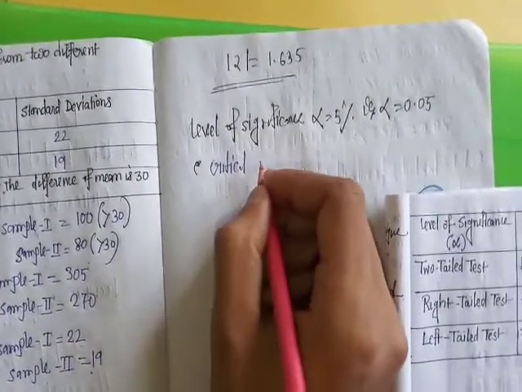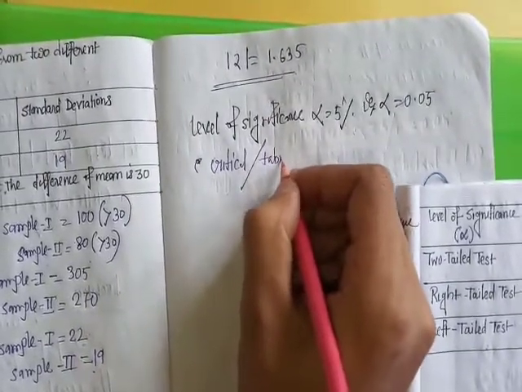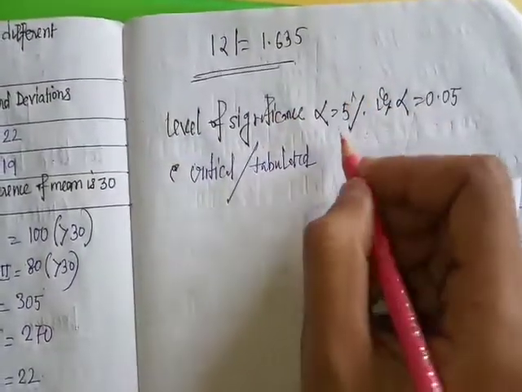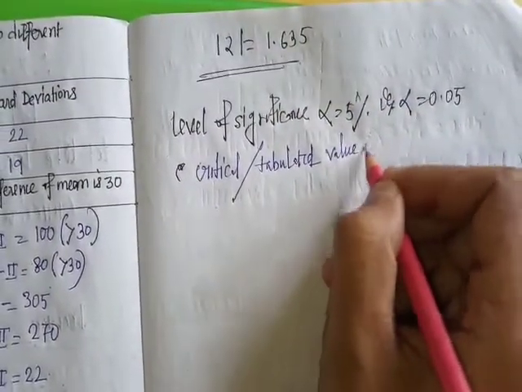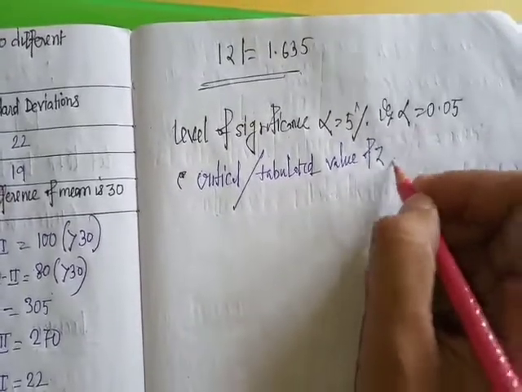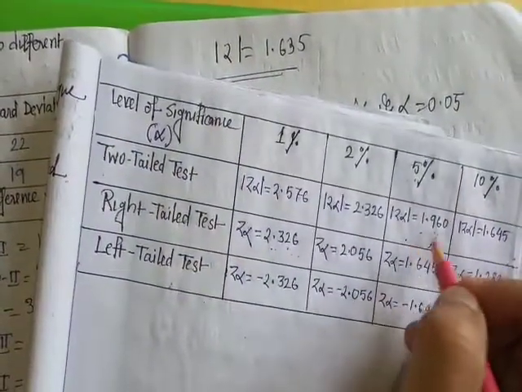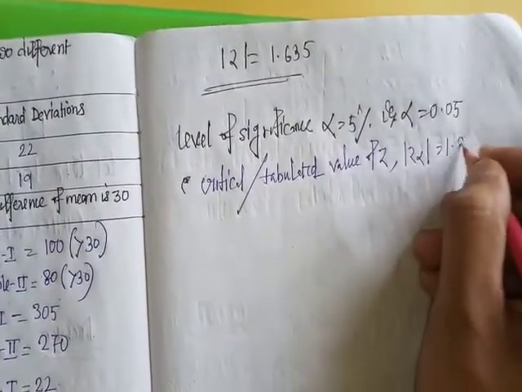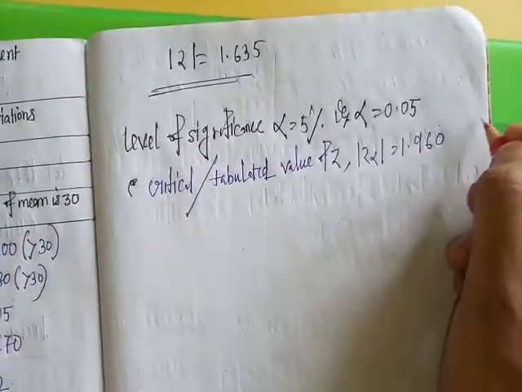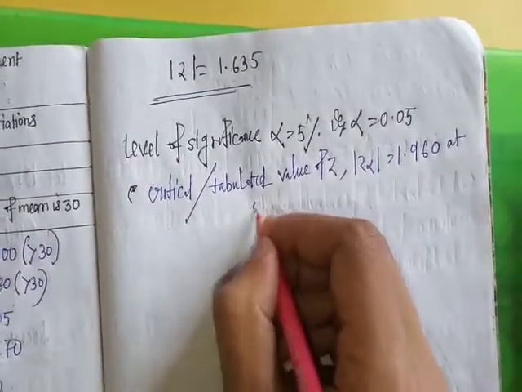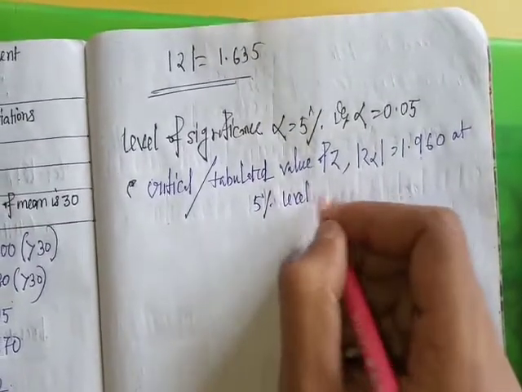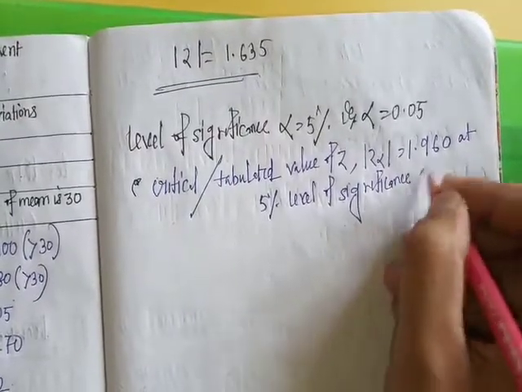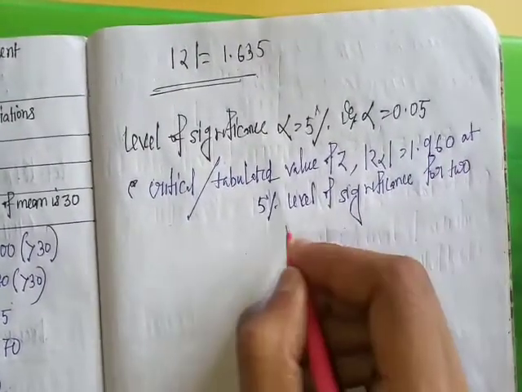Critical or tabulated, same thing. The tabulated value of z, mod z alpha, is equal to 1.960 at 5% level of significance for a two-tailed test.